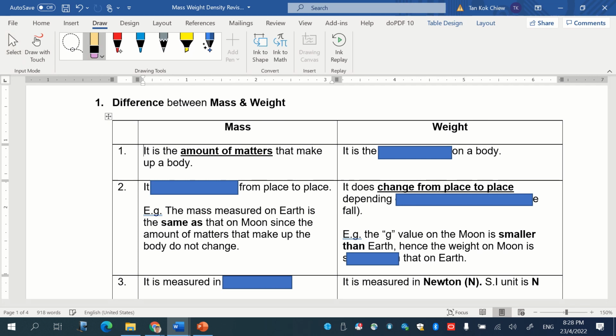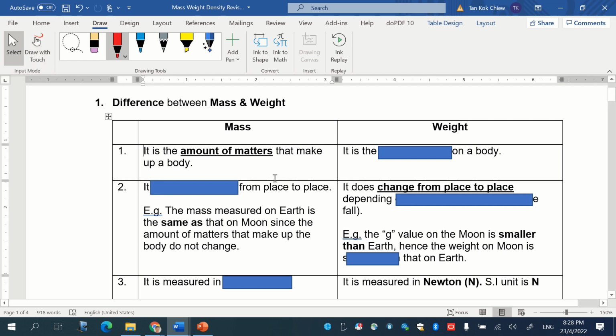Yeah, the amount of matter that made up a body. So the mass of our body, let's imagine our own, is made up of our organs, tissues, muscles, bones. Okay, so these are the amount of matters that made up our body.